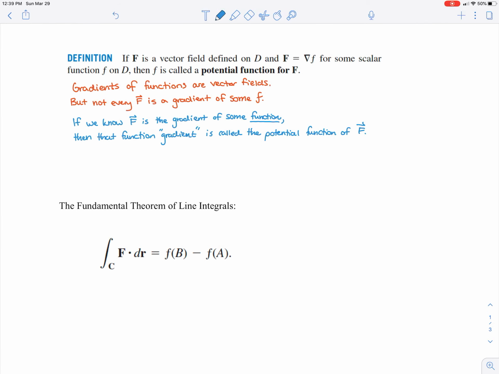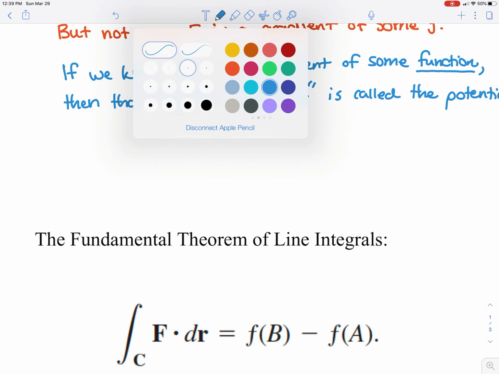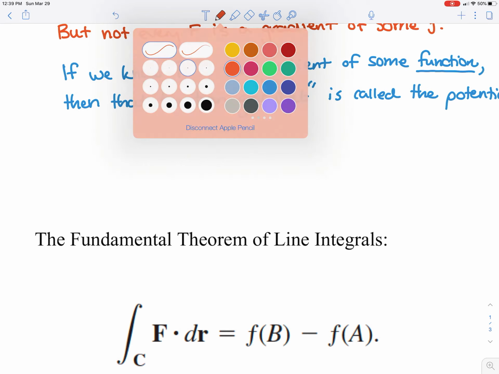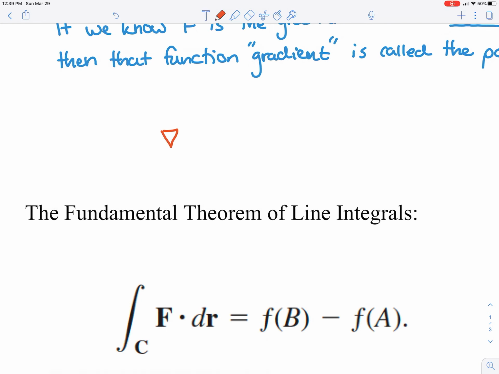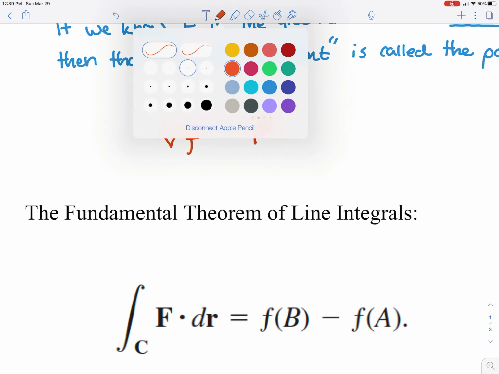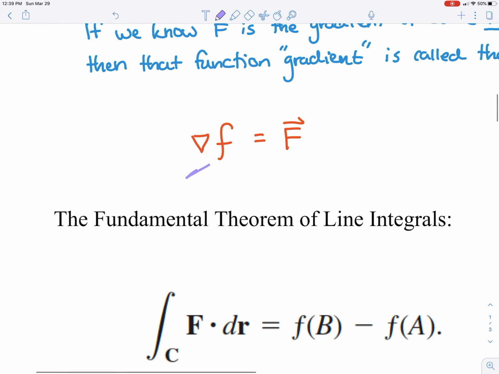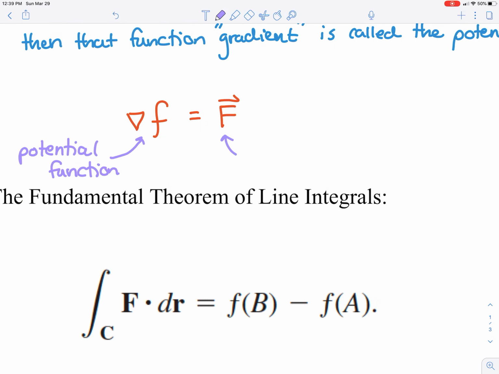So the way we could write that out is like this. We know that the gradient of this is equal to a vector field, where this guy is the potential function, and this guy is a conservative vector field.